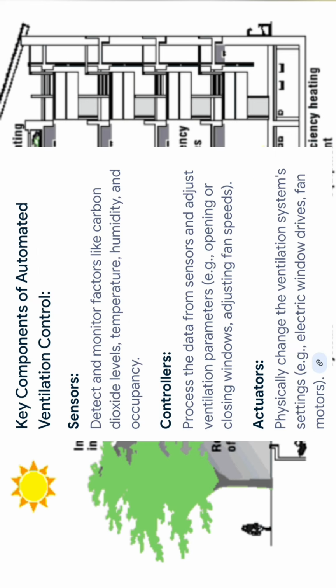Sensors detect and monitor factors like CO2 levels, temperature, humidity, wind speed, occupancy, etc. Controllers take the data from the sensors and process it. Depending upon that, they provide the ventilation that is actually required for that particular room or area. Actuators are physically the ones who change the ventilation system settings, for example electrical window drives, fan motors, etc.